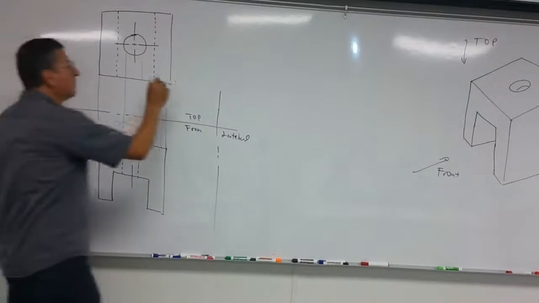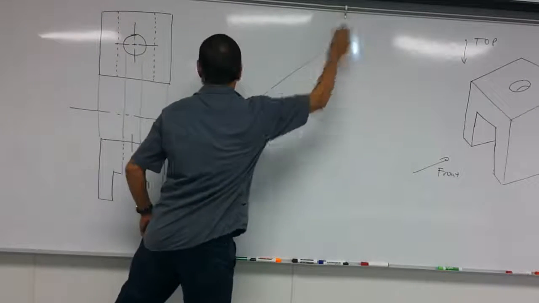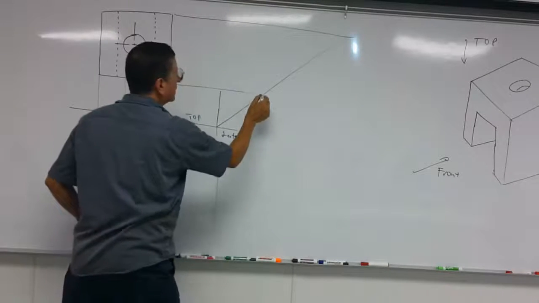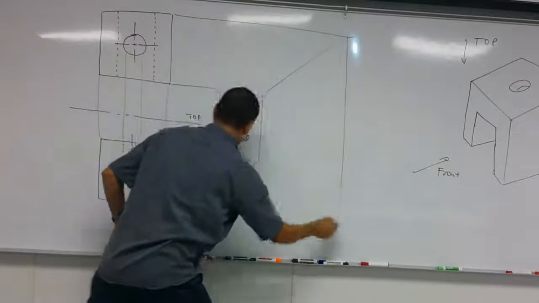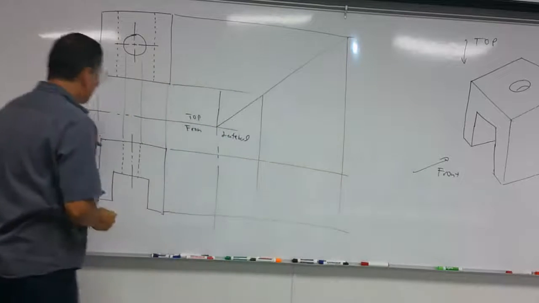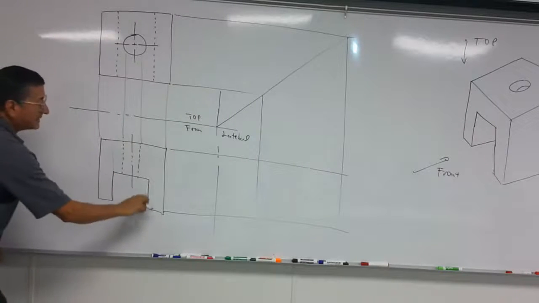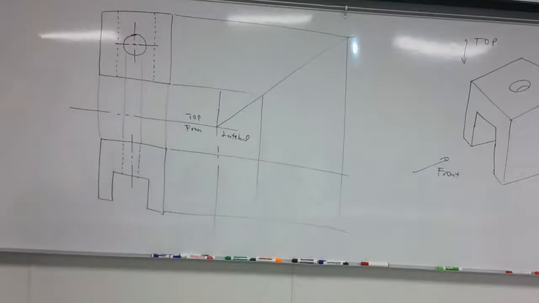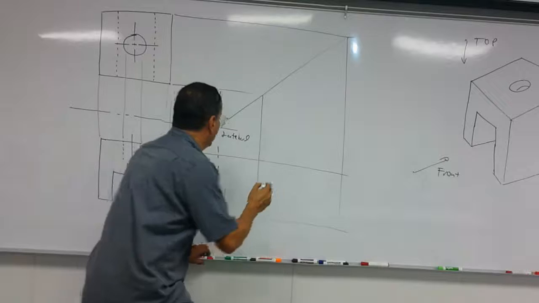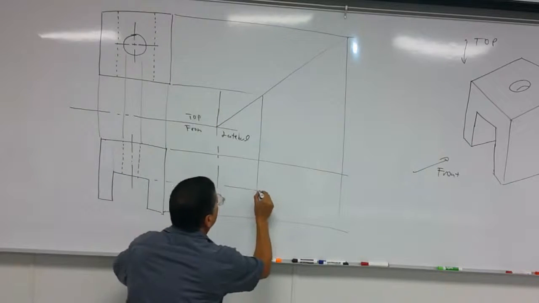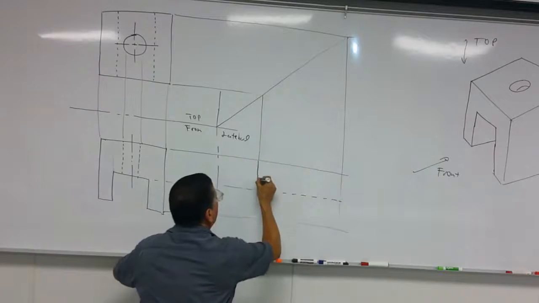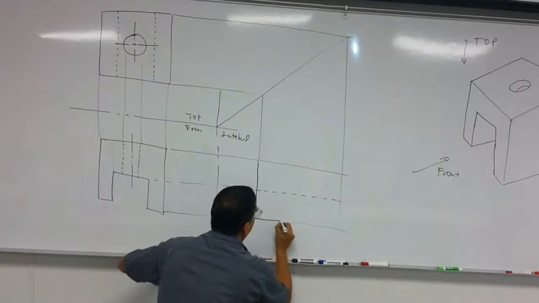Let me try to do the drawing in the lateral side. I pass the projection over there, and now I have the dimensions of the lateral side. Okay, what about this section in the lateral side? This one here is completely high, is invisible.